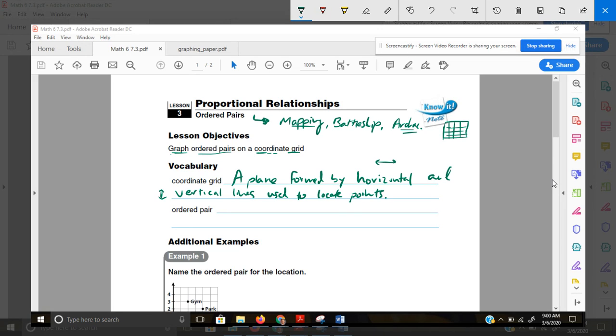And when I say plane, I'm not talking about the kind of plane that you fly. We're talking about when a vertical line meets a horizontal line.